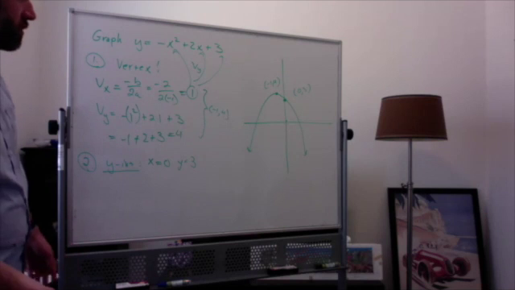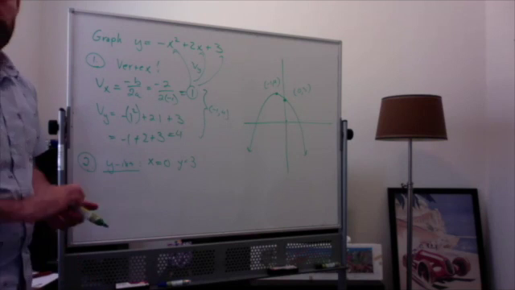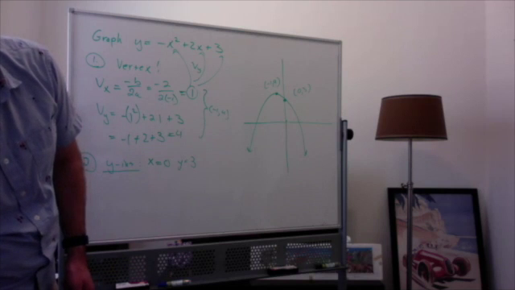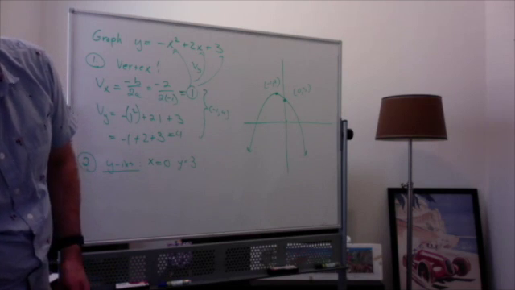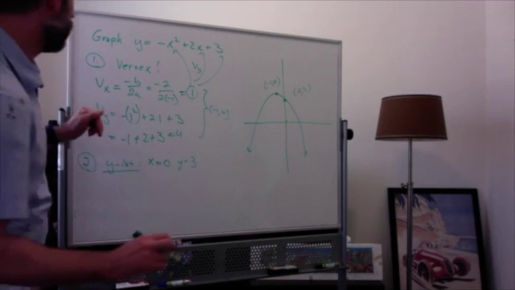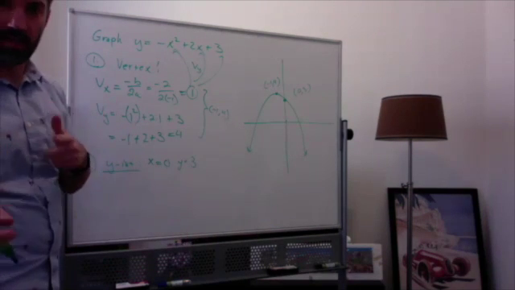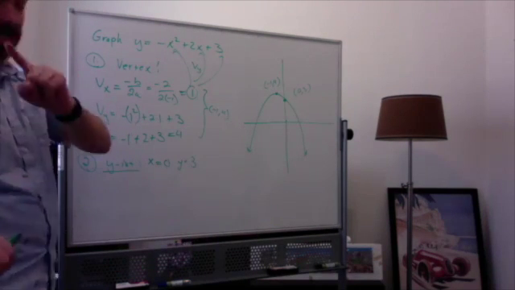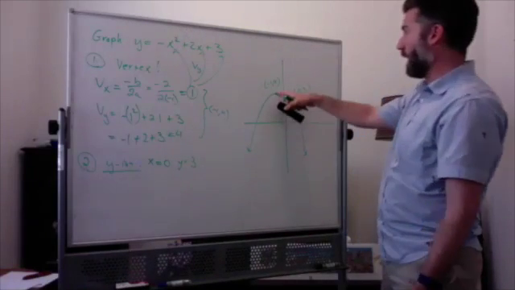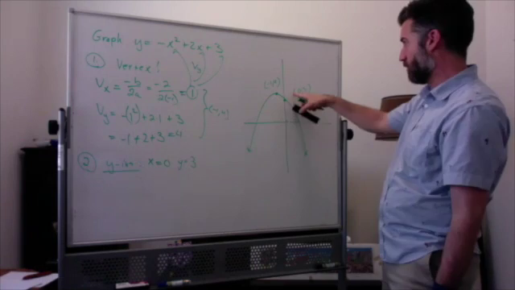I had a question. Yeah. How do you get -1 for the vertex, the -1, 4, when you originally got 1? Oh, because I'm not paying attention. That is an excellent question because I made a mistake. Yes, good point. So actually my vertex would be over here at +1, 4.